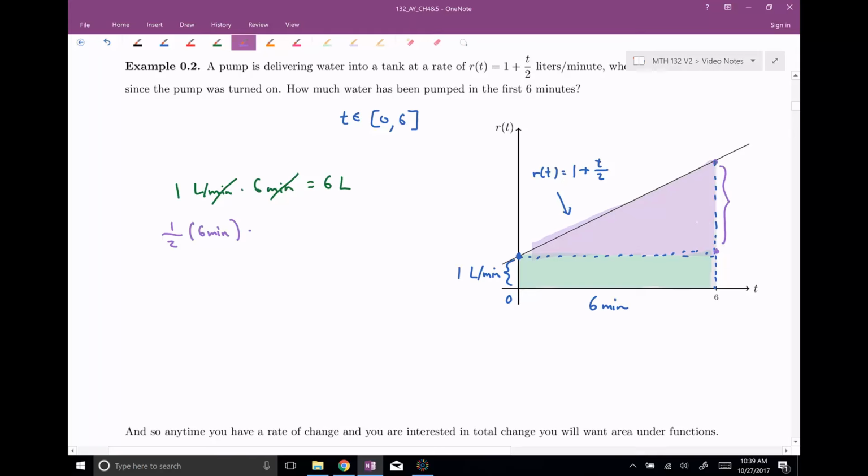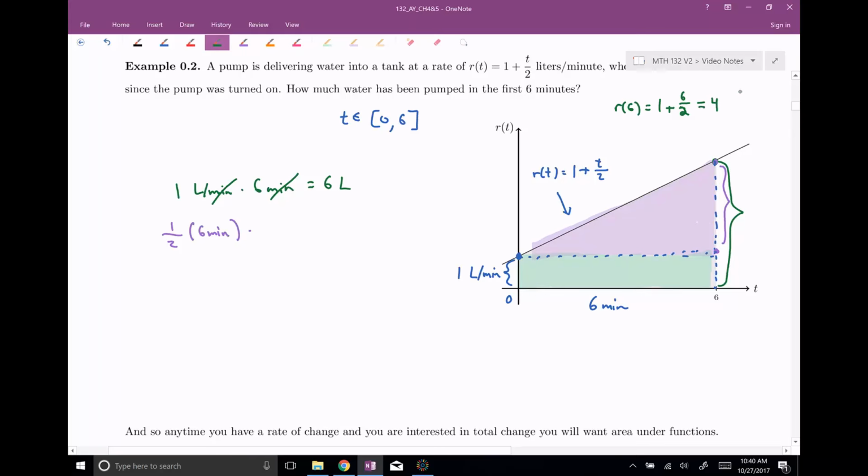Well, I can figure out the height of the overall function, right? This is a point on the line when t equals 6. So I'm going to calculate r of 6 to get this line's height when t equals 6. So this is going to be 1 plus 6 over 2. 6 over 2 is 3, plus 1, that's going to be 4.